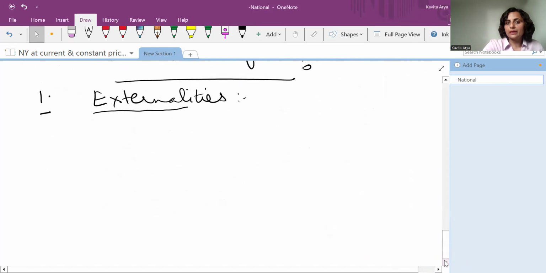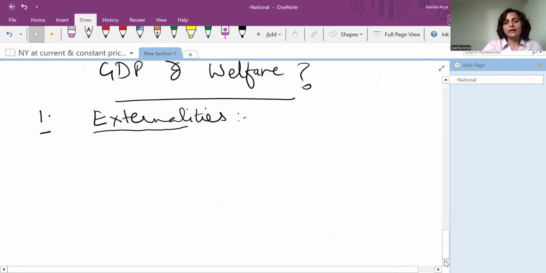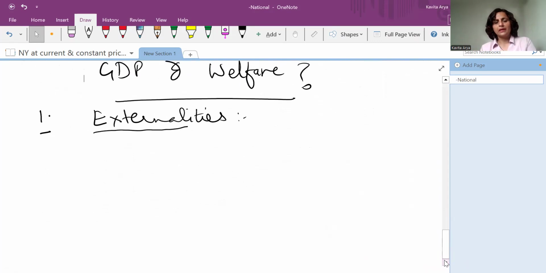We know that whenever we are producing some goods and services, there would be some good or bad aspects of it. Like there is some firm producing a tremendous quantum of goods, but because of that, there is round-the-clock noise pollution happening in the nearby vicinity. So what is that? That is externality.